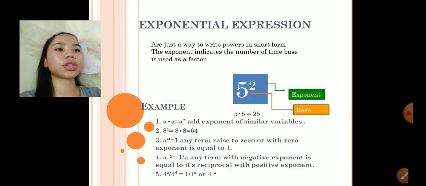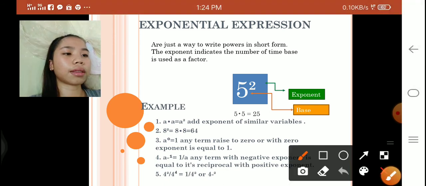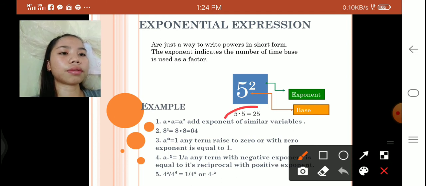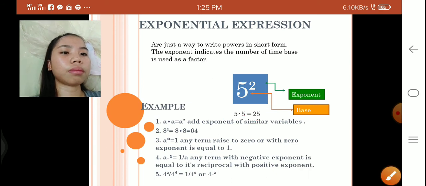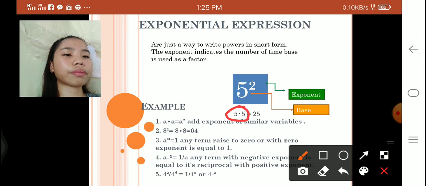Exponential expressions are just a way to write powers in short form. The exponent indicates the number of times the base is used as a factor. Just like this, 5 squared. Instead of 5 times 5, we can write the power in short form.